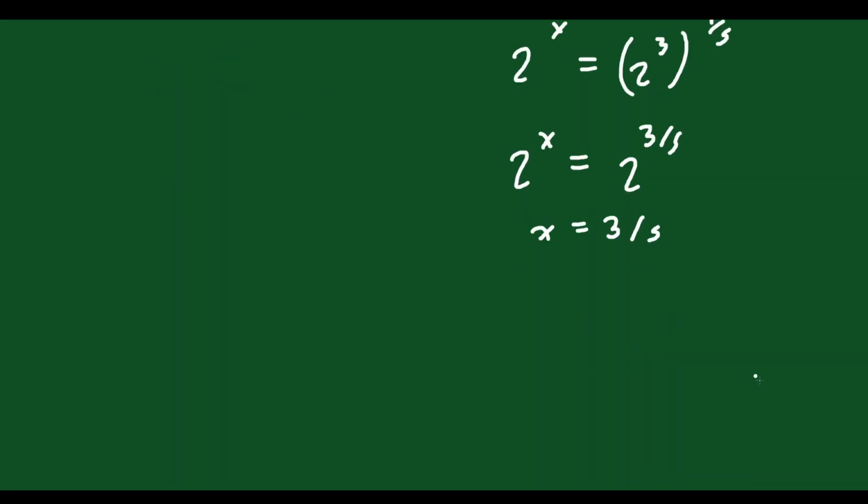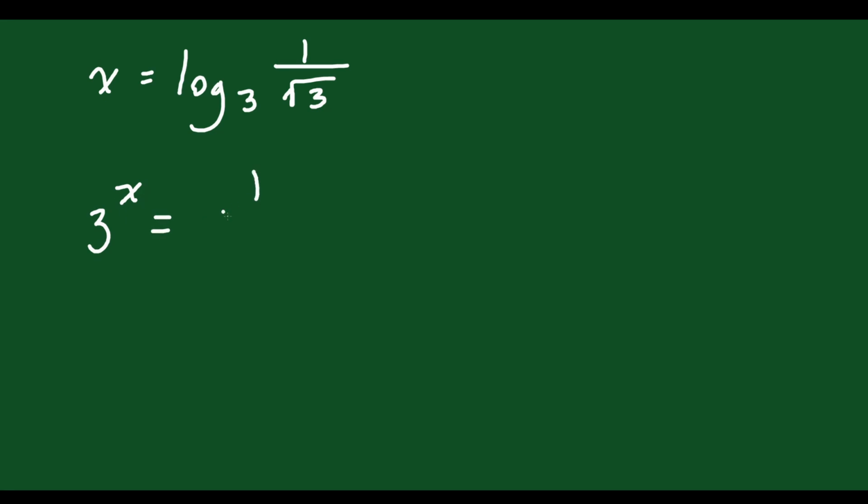Okay, let's do another one. Let's do x equals log base 3 of 1 over root 3. So this means that 3 to the x equals 1 over root 3. Again, just going around the horn like that.